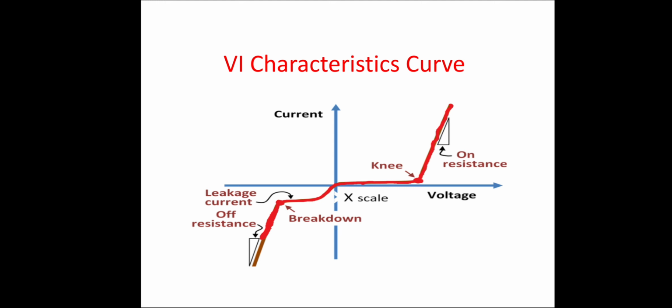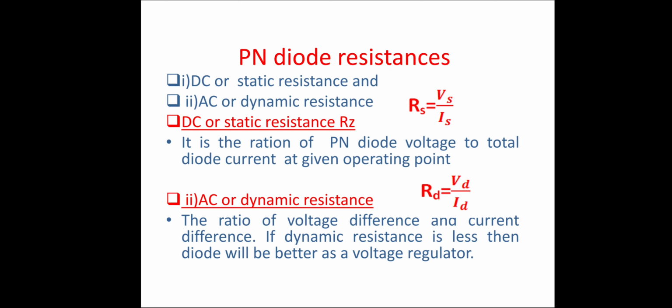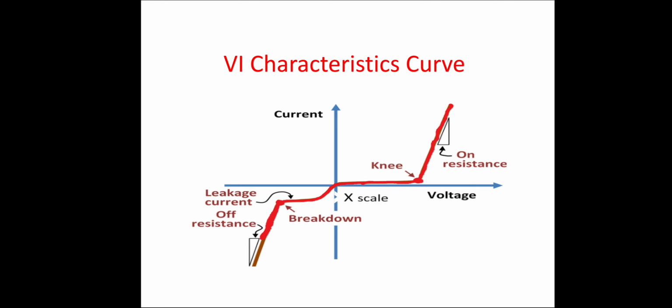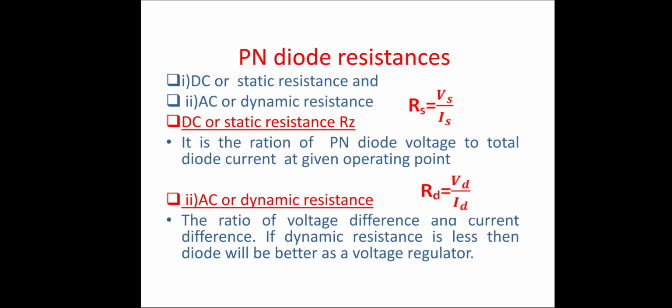The horizontal line shows a value on the current axis, the y-axis. That value is taken as Is, and the value directed by the vertical line from that cutting point towards the x-axis is taken as Vs. The ratio of Vs by Is gives you the static resistance.